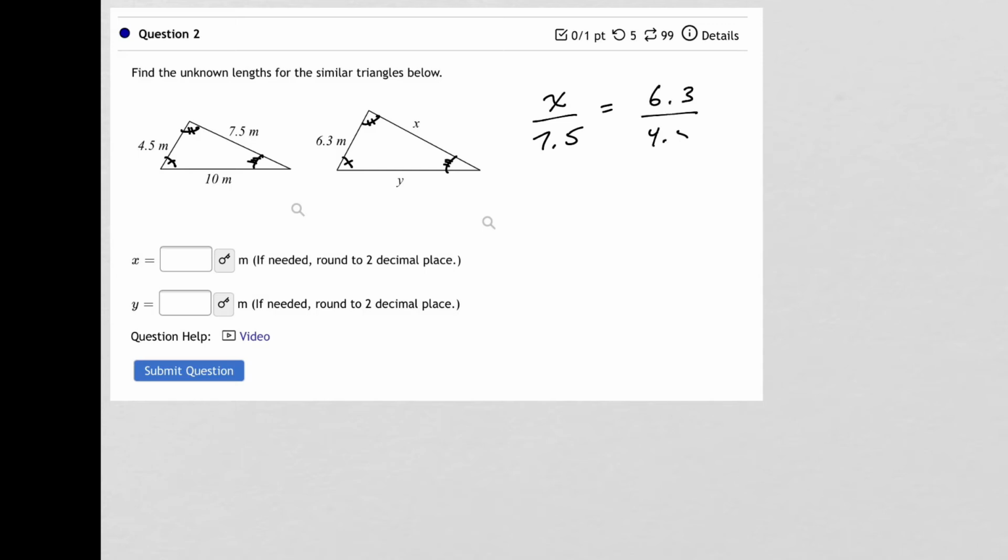So this would be 6.3 over 4.5. And then for y, again, I start at this triangle, y, and form a ratio over its corresponding side, which is 10. So I have y over 10 is equal to, come back to this triangle, and I'm using the same ratio, right? 6.3 over 4.5.